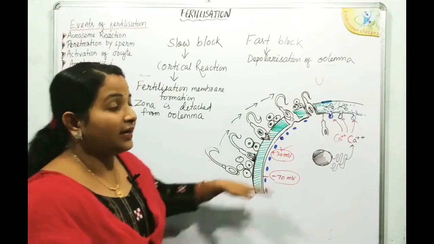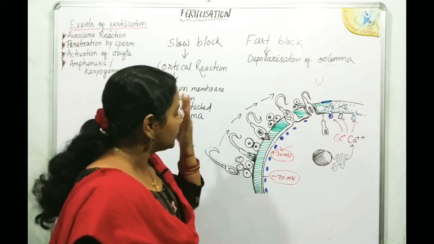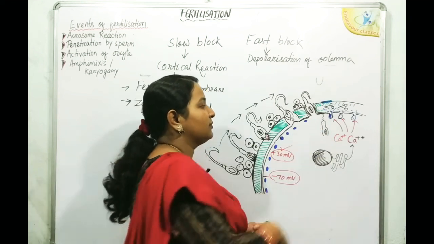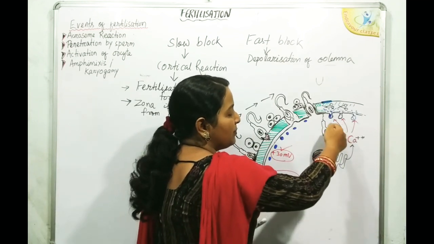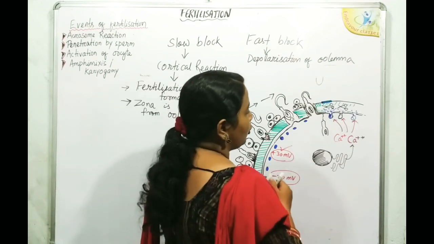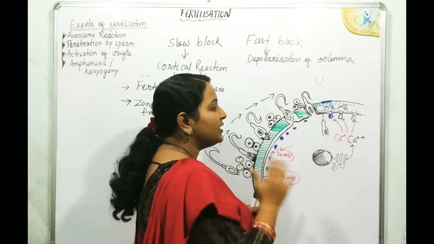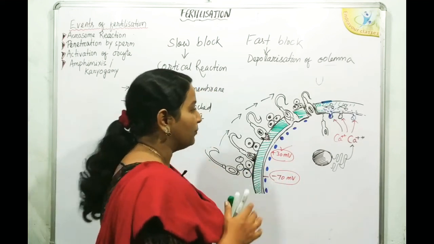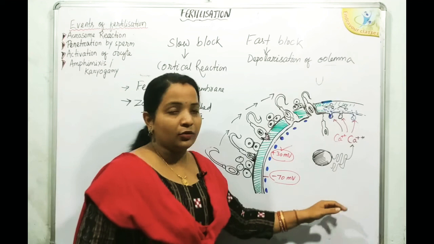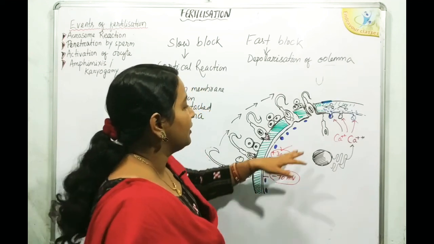So after that what happens inside the oocyte? Soon after entrance, the outer membrane of the sperm is disintegrated and all the contents are released inside the ovum. So now it has already turned to ovum. Meiosis 2 has been completed.